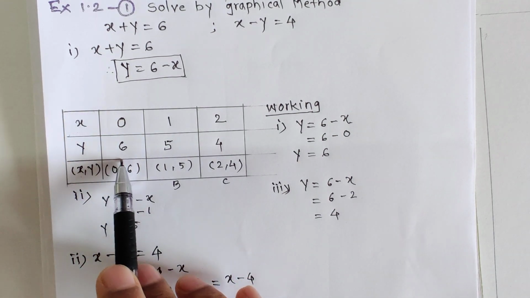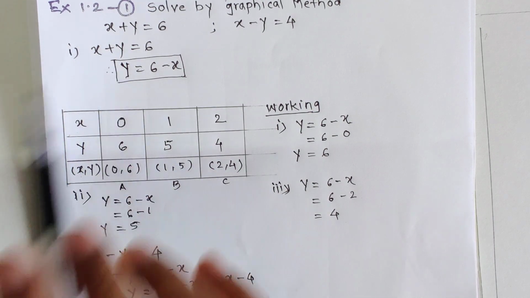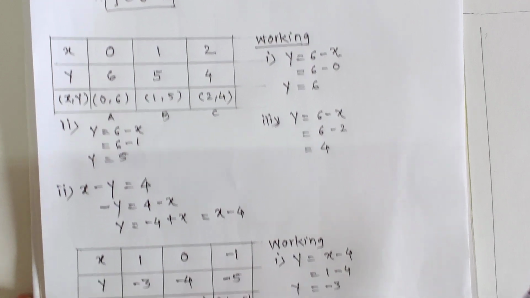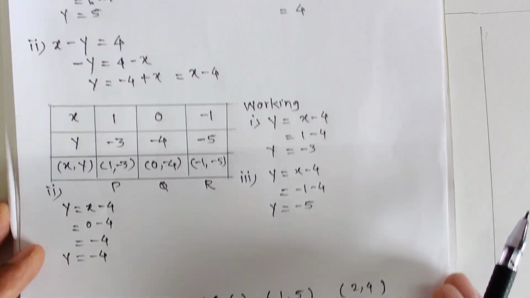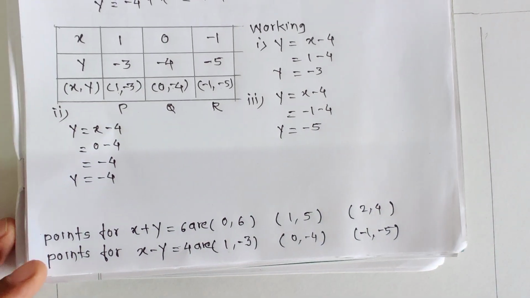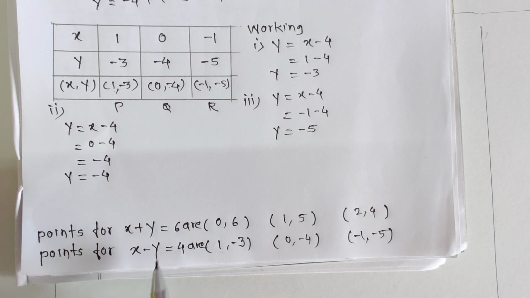We get x coordinate, y coordinate and 3 points. Coordinates of 3 points for this first equation. Do the same thing for the second equation. We get the coordinates of 3 points for the second equation, and write these points for the first equation and for the second equation. So these points are written here.